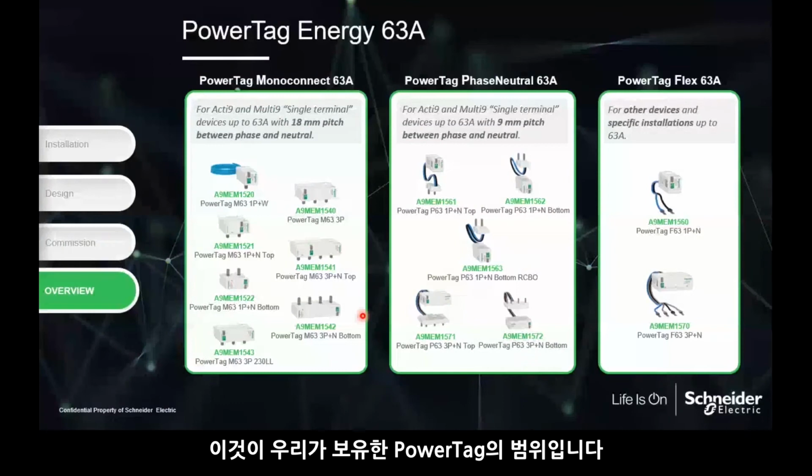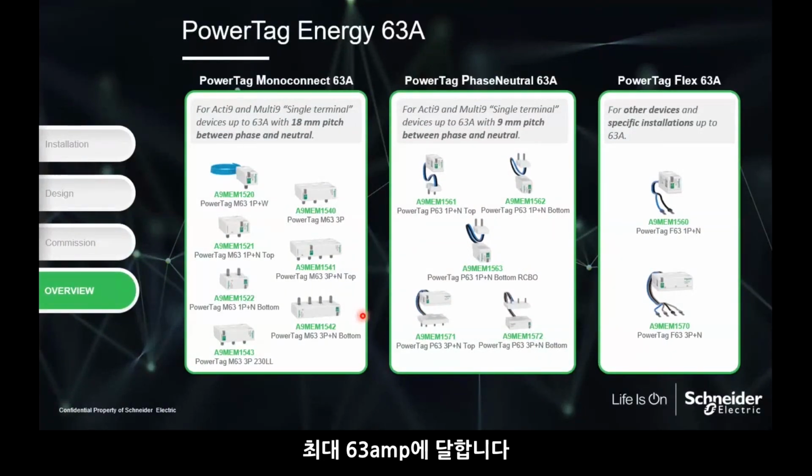So these are the range of PowerTags we have, all right, up to 63 amps. Okay, some are basically directly connected to the 99 MCBs or 89 MCBs. And some, especially those with a neutral, you will have two pieces, one connected and the other one just hanging along the cable.